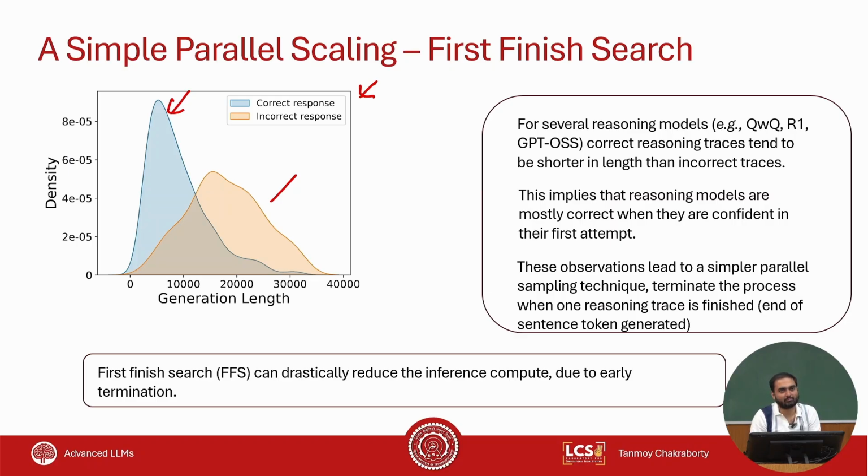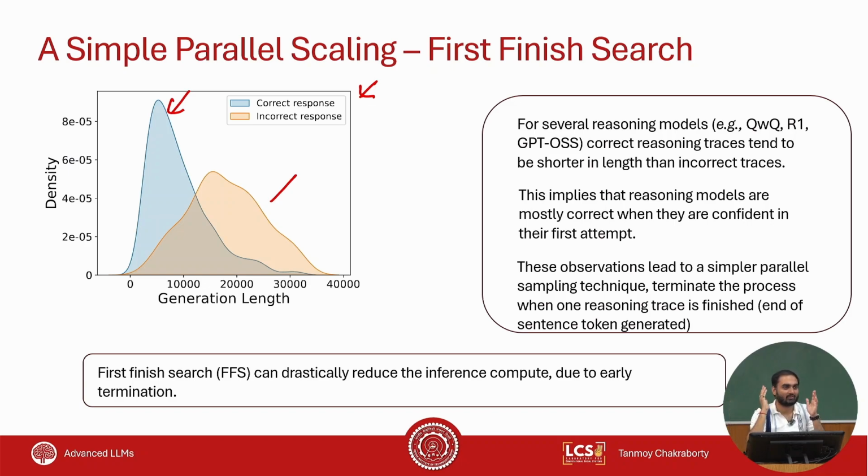Now you may argue that with first finish search, the number of tokens that is required to generate in different branches might be the same as the number of tokens generated in, let's say, majority voting, or budget forcing. Now what is the number of tokens? The total number of tokens generated in all the branches.